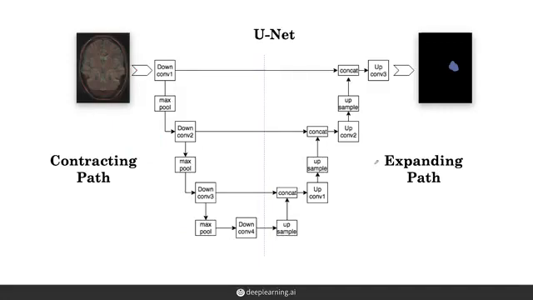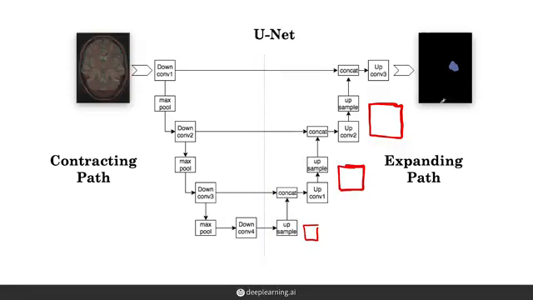The expanding path in some ways is doing the opposite of the contracting path. It's taking our small feature maps through a series of upsampling and upconvolution steps to get back to the original size of the image. It also concatenates the upsampled representations at each step with the corresponding feature maps at the contraction pathway.